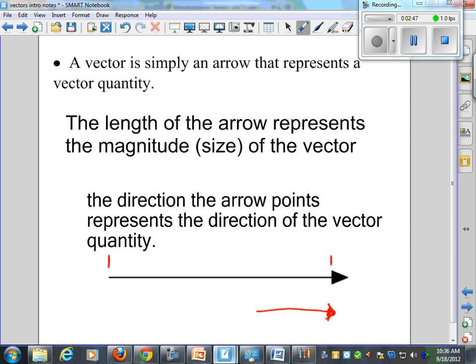Now, that brings up another topic: she was off by about 3 millimeters. You might say, well, Mr. Bennett, if I'm using a ruler, my ruler might be slightly off. Or if I'm using a protractor, I might be off by a little bit. Is that okay? The answer is yes. In the good old days of applied math, grade 12, they used to allow you to be plus or minus 3 millimeters off.